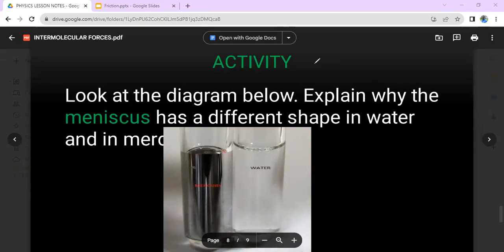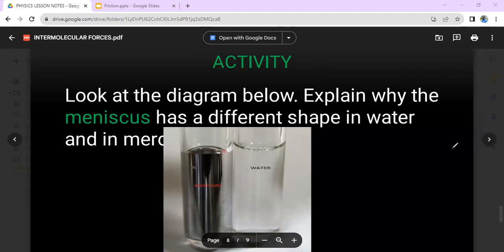It will be attracted more toward itself, and it will make that upward meniscus. So the answers that you have given us are correct, and I really thank you for that.